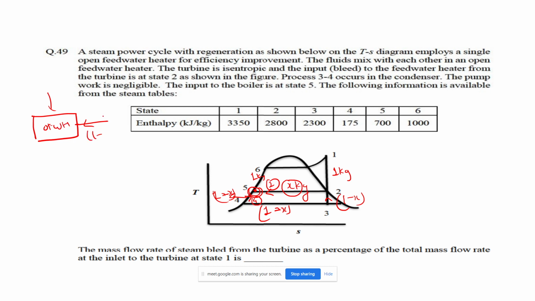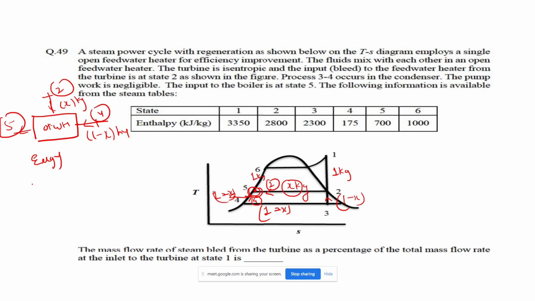Actually it is 5, no, 4 actually. 1 minus x into h4, and here at point 4 it is entering and leaving at point 5, and here at point 2 it is entering, and x kg. So just apply energy balance.